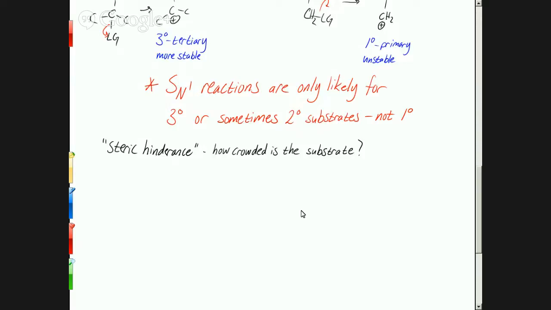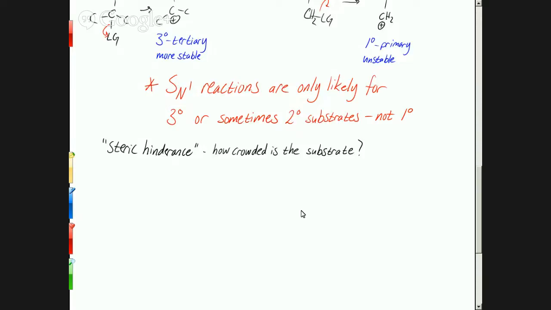But let's say we've got this molecule, that's still our leaving group on top there. But you can see this leaving group is going to have a much tougher time getting in there. Anyway, you get the idea. So that backside attack of it coming in this way is going to be harder for it to do, which means that the SN2 rate is going to be much slower.